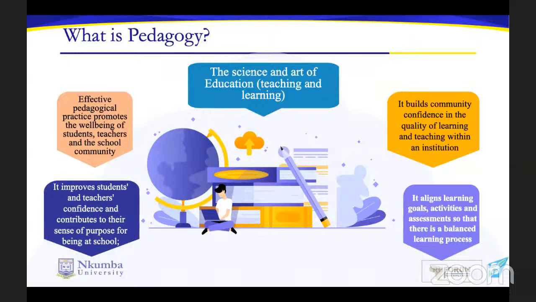If you are within the tradition, what is that science and art of teaching and learning? It is effective pedagogical practices that promote the well-being of students, teachers, and the school community. So as long as you do things within the educational system that promote the well-being of students, teachers, and the school community, you are practicing effective pedagogy, whether it's in the E or not in the E.